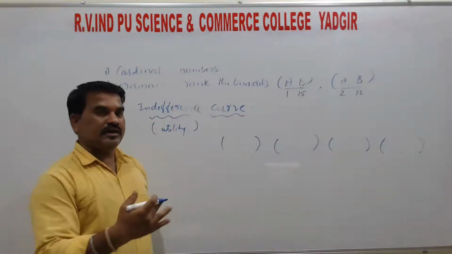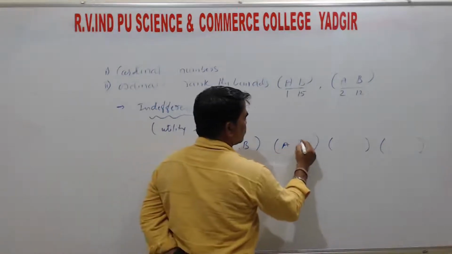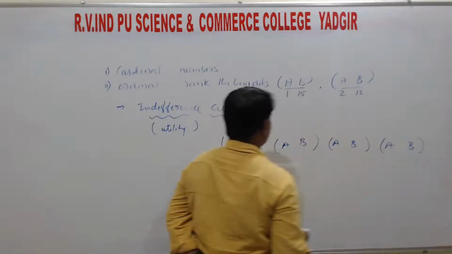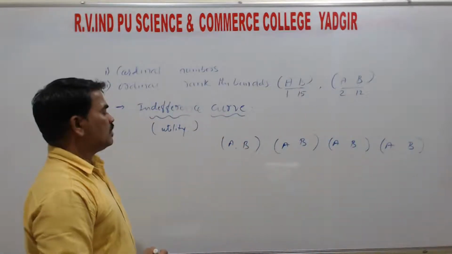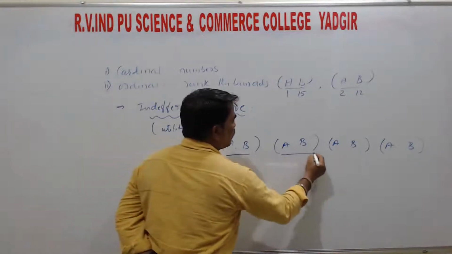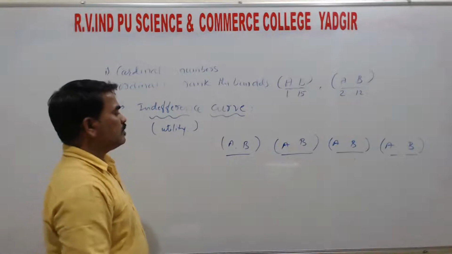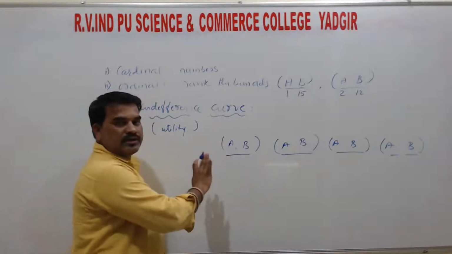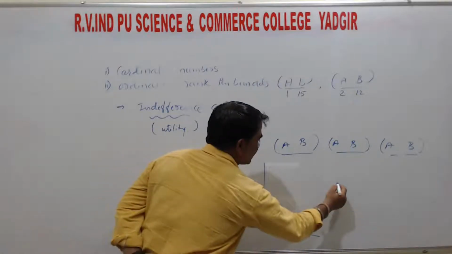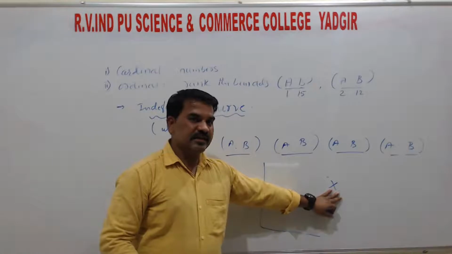We'll do permutation and combination with a set of goods to keep his satisfaction level the same.